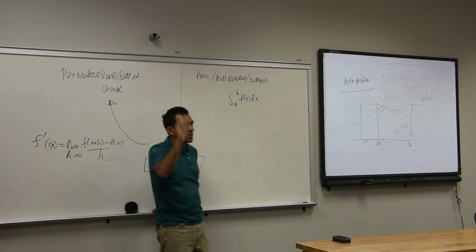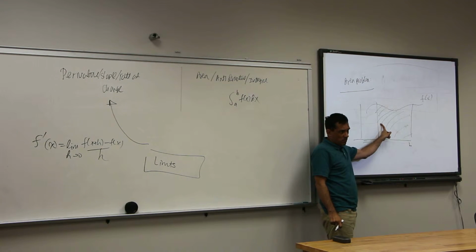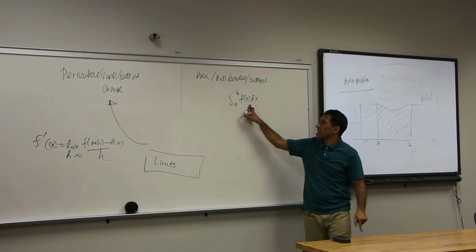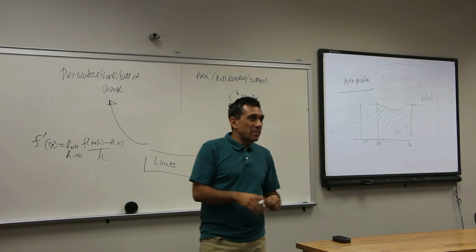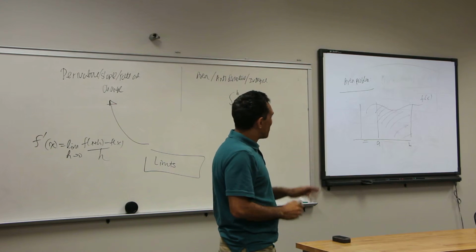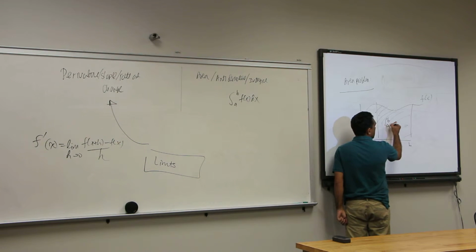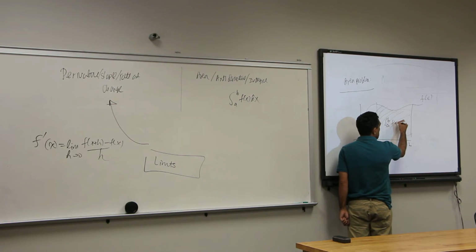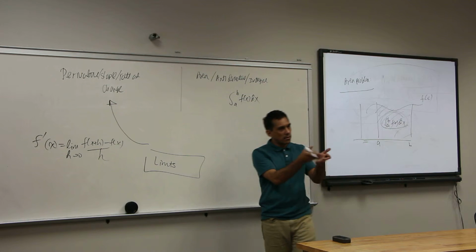What that means, I don't know. It means this thing here. That's the way I interpret the meaning of this thing here. Why we write it like that? If I have time, I'll explain it to you. But this is the area under the function f of x between a and b exactly. We give it a name.